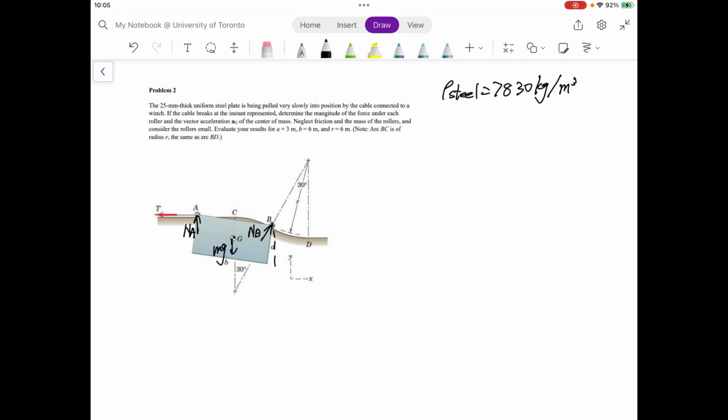So we assume this is C. We can have the equation B sine C is equal to R times (1 minus cosine theta). So C is equal to 7.7 degrees. At the same time, mass is equal to A B T rho, where T is the thickness, and rho is the density.